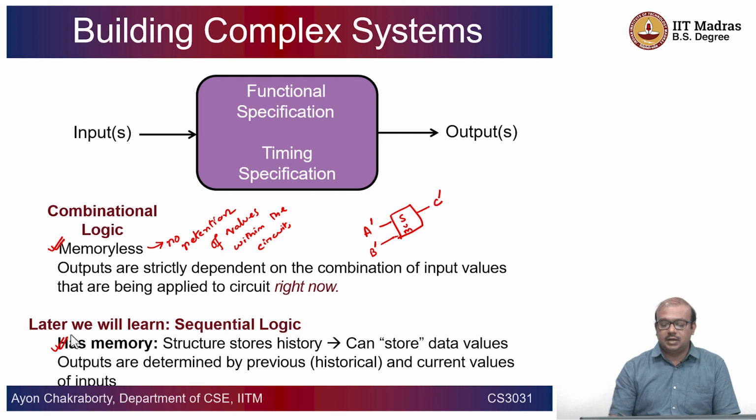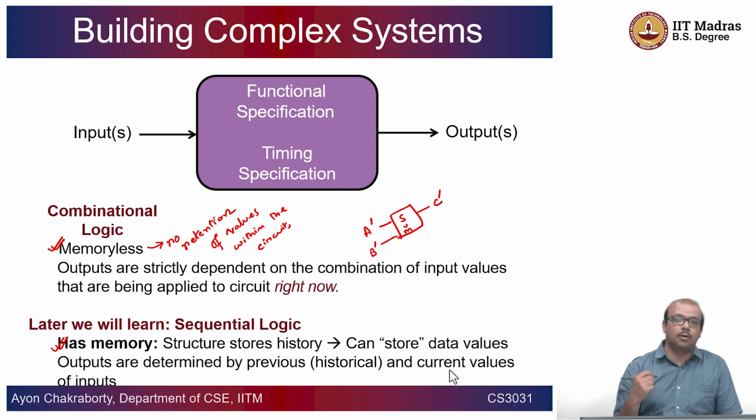Okay, so it can store data values. Of course, it could be used for designing memory systems or storing data, right? The storage units could be made using these principles of sequential logic. So the outputs are determined by the previous or historical values as well as the current values of the inputs.